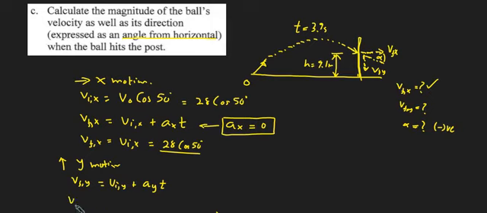So v final in the y direction is 28 sine 50 degrees plus minus 9.8 multiplied by 3.9, because 3.9 is the time it takes for the ball to start from point O and hit the post at position A. When you solve this expression, you get a numerical value of minus 16.8 meters per second.